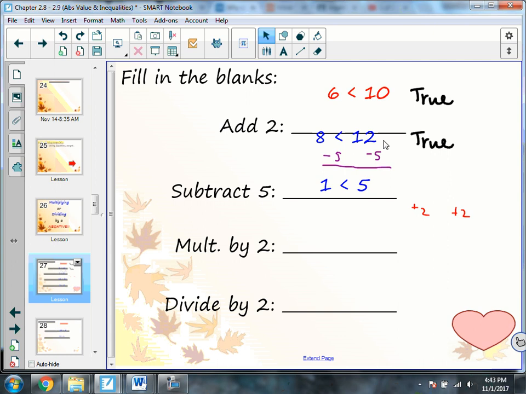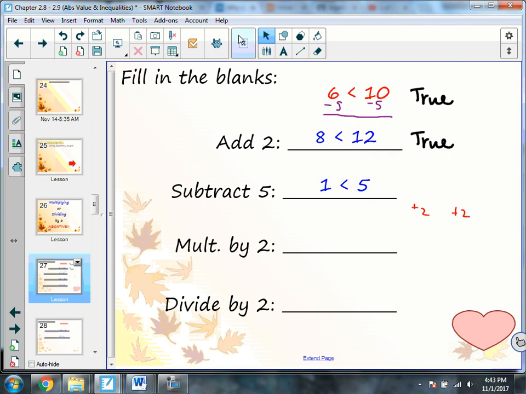If I subtract 5 from both sides of this one, what I get is 1 is less than 5. Well, 1 is less than 5, so that is still true.